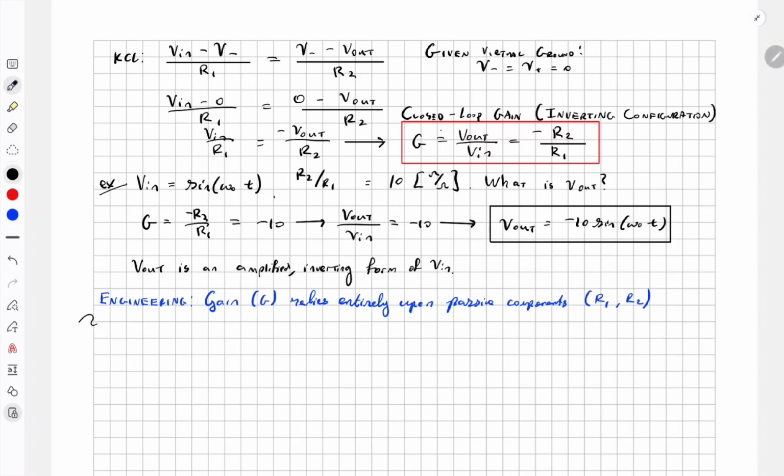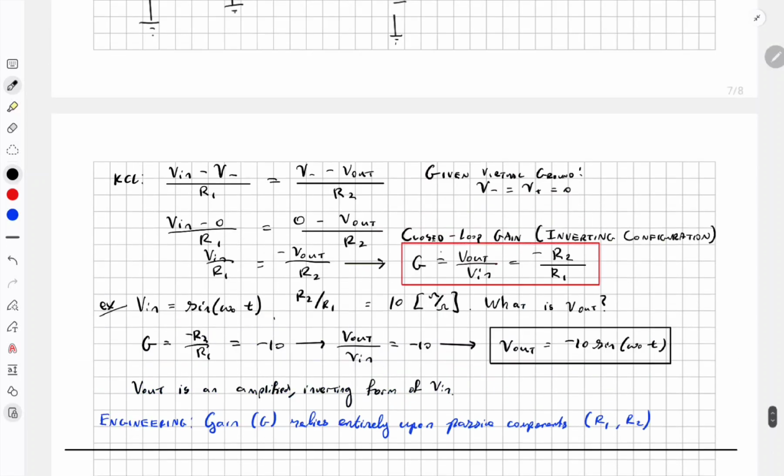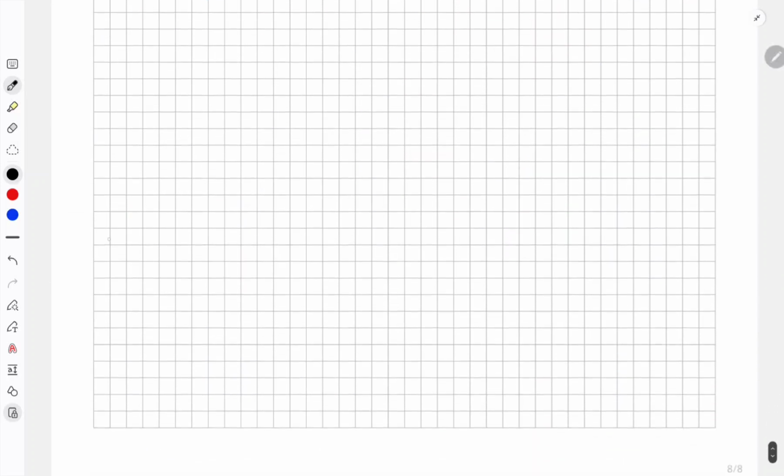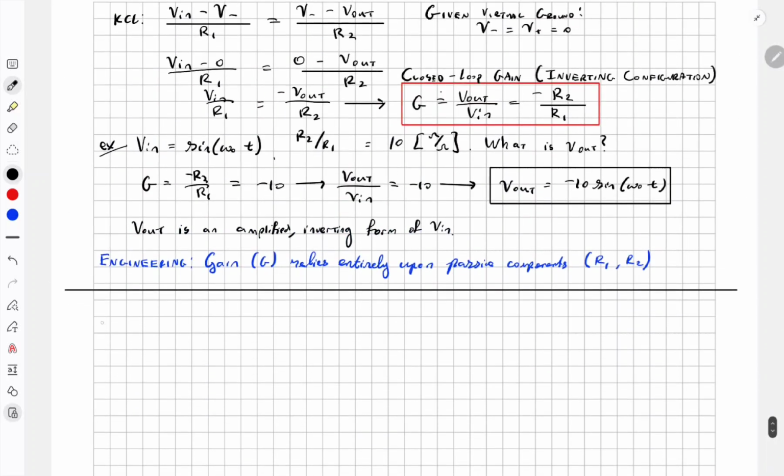Up until this point we were talking about the ideal op amp, which has infinite gain, but now we're going to talk about the real op amp, where gain is not infinity.